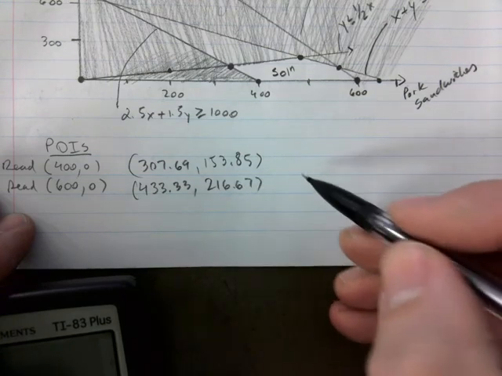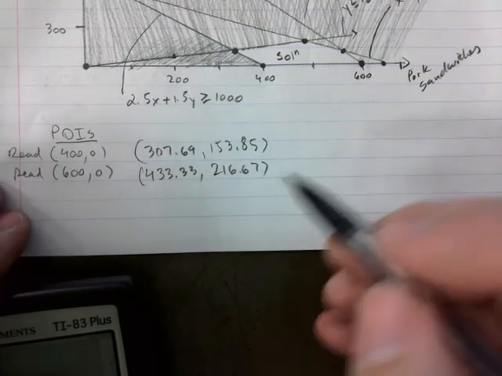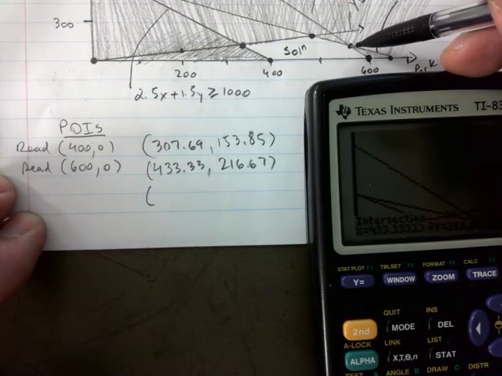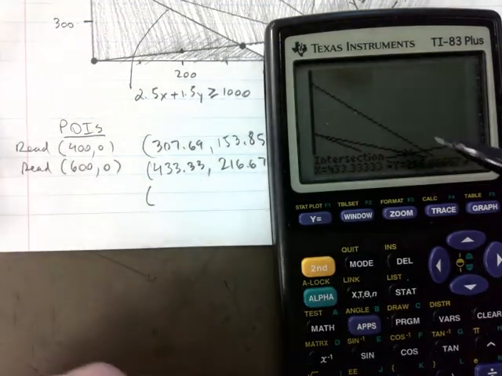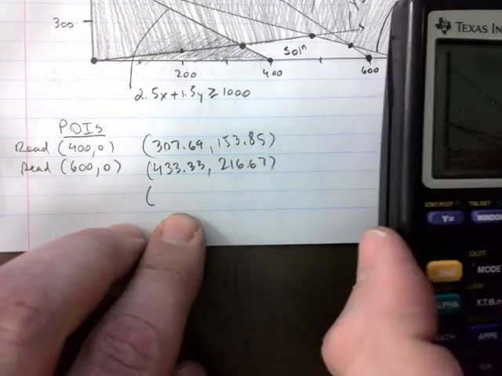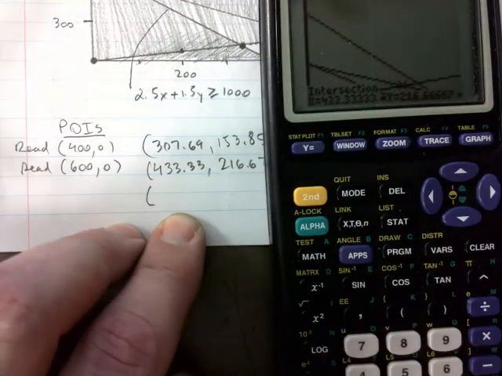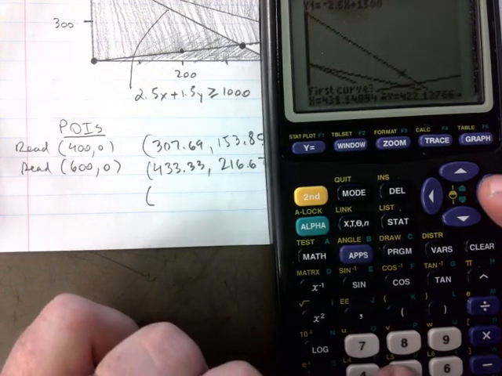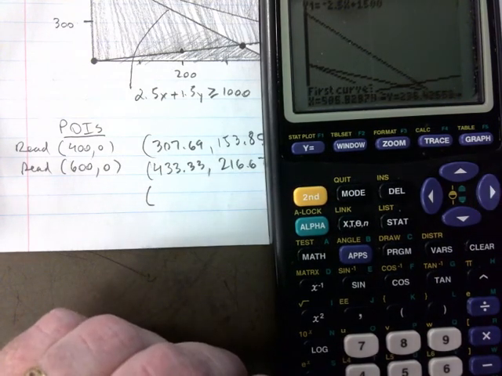Sorry, one more. I want to find this one right here, which is this one right there on my screen. 2 seconds. Second trace 5. I'm on the line and I'm on the other line here.